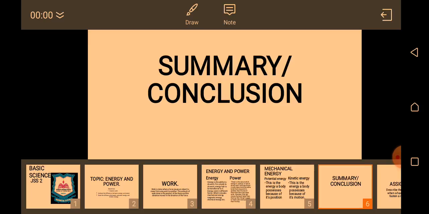In summary and conclusion, I said energy is the ability to do work. Power is the rate at which energy is being used up, or the rate at which work is done. And under the types of energy, mechanical energy is classified into two: potential energy and kinetic energy.